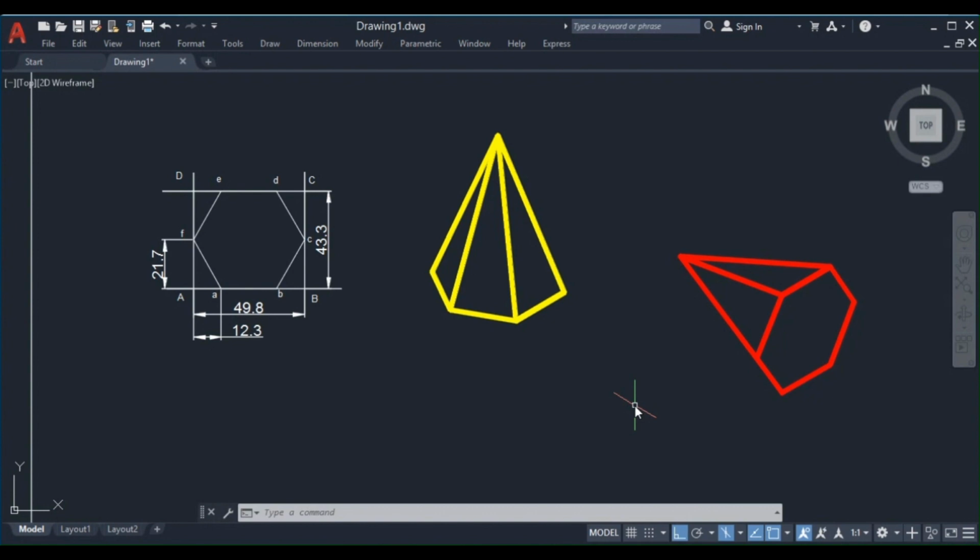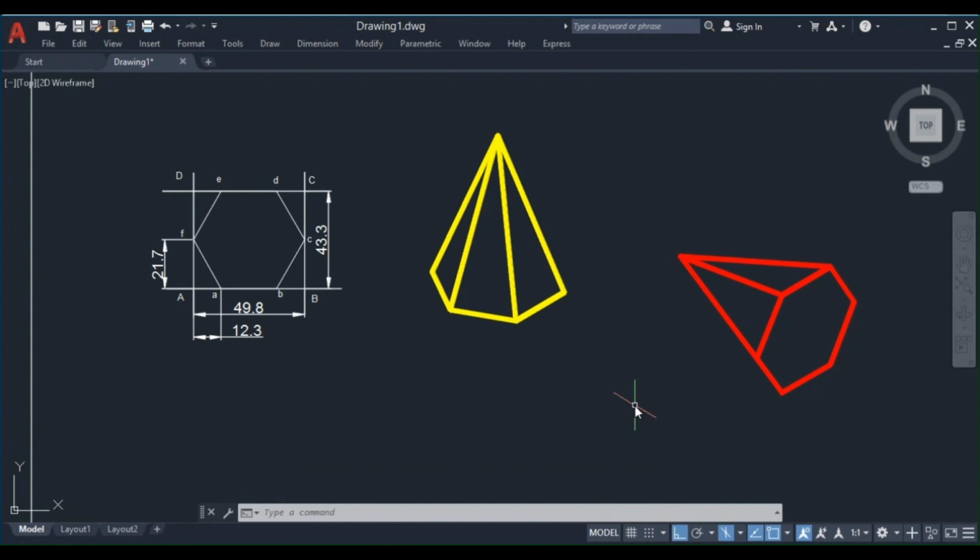Draw the isometric view of a triangular pyramid of side of base 35 mm and height 75 mm.